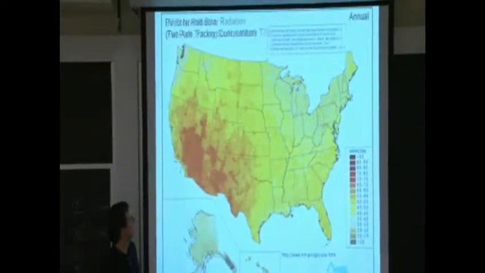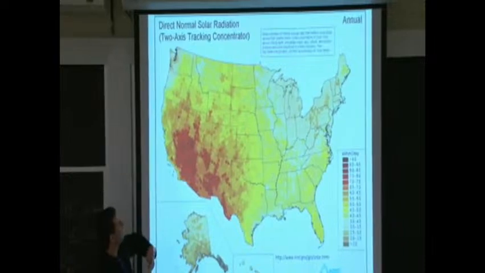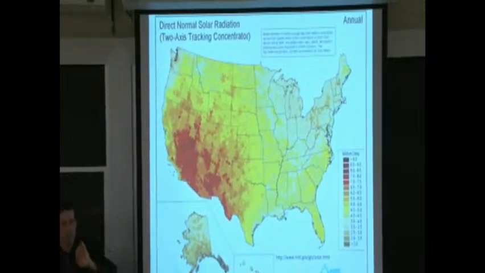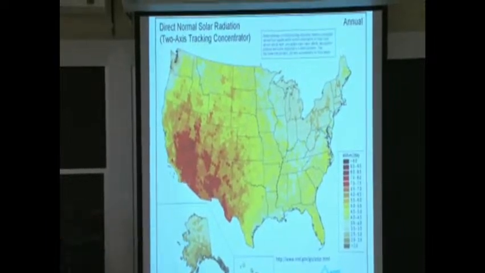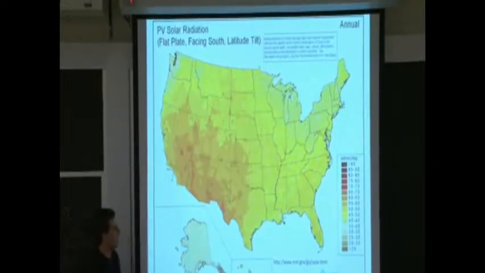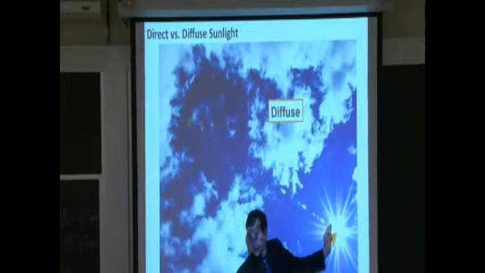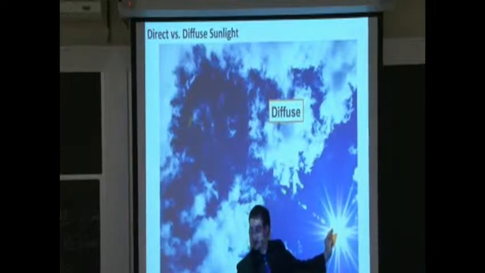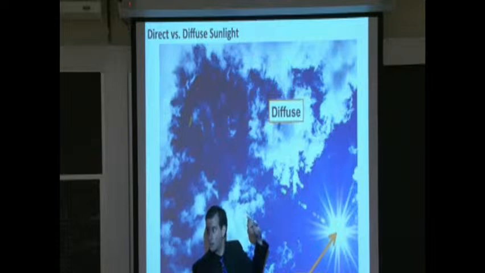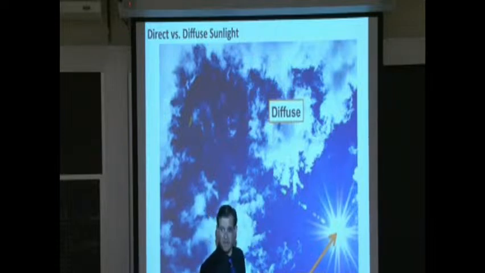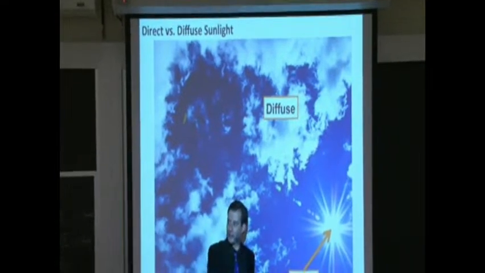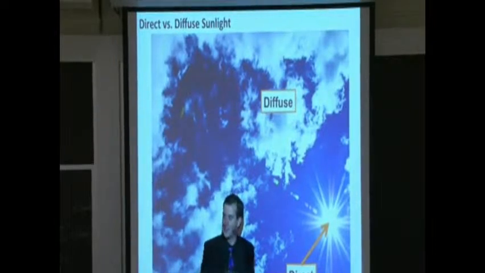This map, on the other hand, is for a two-axis tracker, and it's looking at the sun plus or minus 2.5 degrees. And so it's really only picking up this right here out of the sky. And when it's sunny all the time, you're golden. You're tracking the sun. You're actually getting more energy than you would if you just had a flat plate, because the cosine theta angle is changing throughout the day if you have a flat plate. When the sun is in the morning time, you have a flat plate like this.